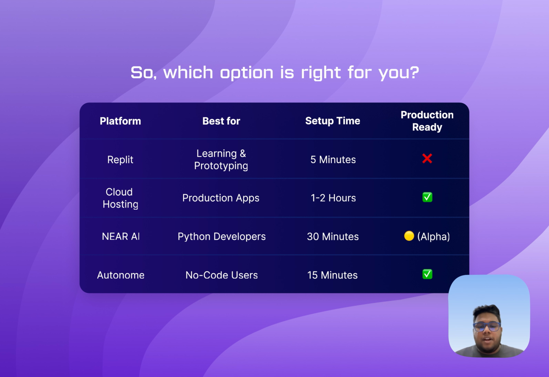It might take a bit longer as well, probably depending on the deployment time. It's definitely production ready as it provides their own UI. But currently it's in the alpha stage, and it's not providing all of the production ready options like the paid options. But once it's out of the alpha stage and Autonom becomes a production ready UI, it will provide all of the paid options where you can do production deployments as well.